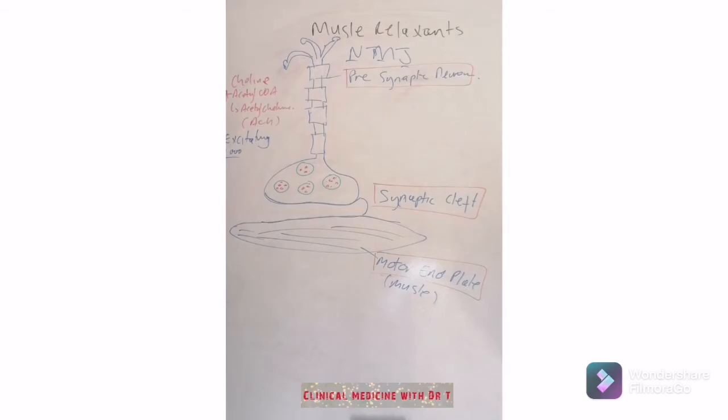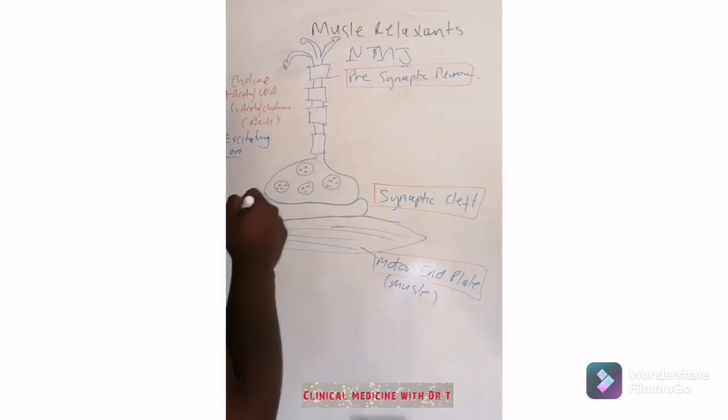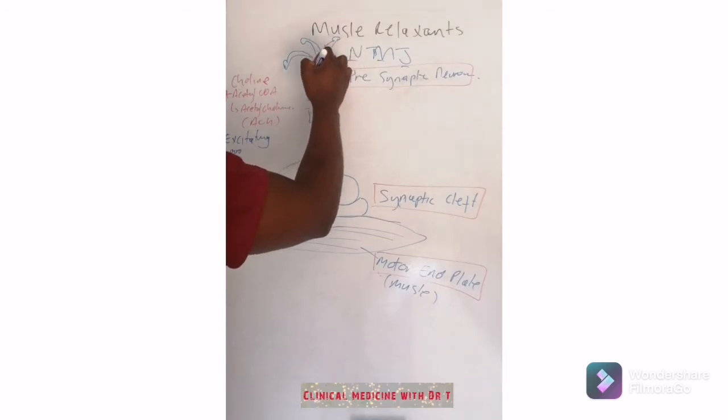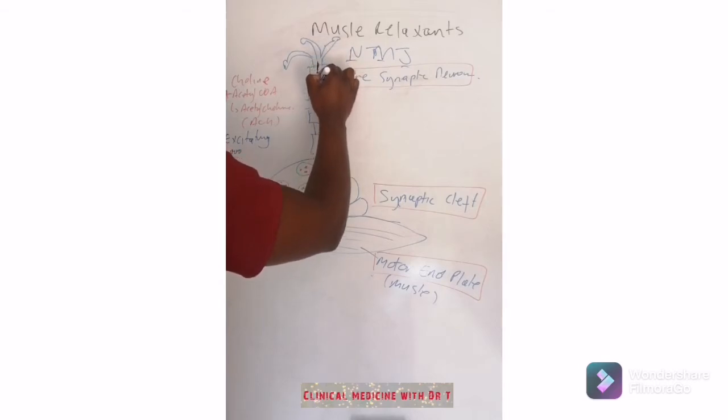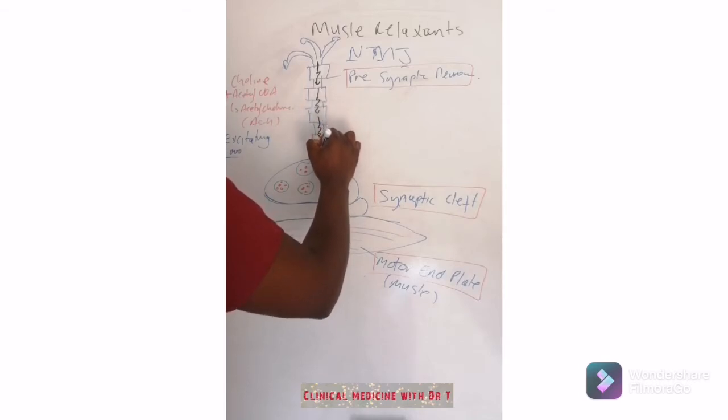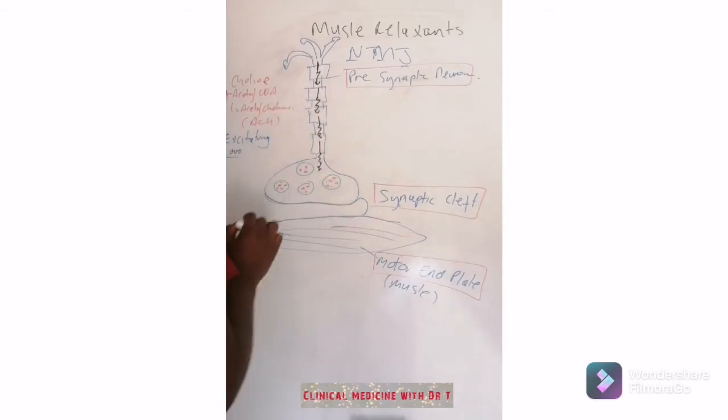Now here is where the magic happens. You get an action potential that gets transmitted down the axon and enters the end bulb.